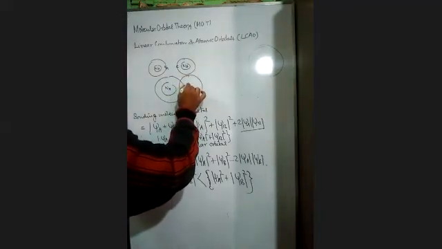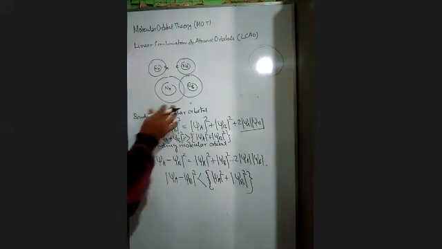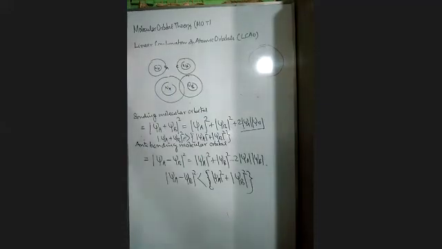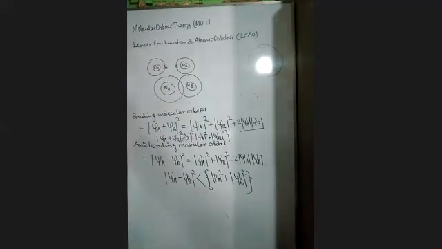This type of overlap takes place, and these two nuclei will come to a distance where the repulsion between them is minimum.